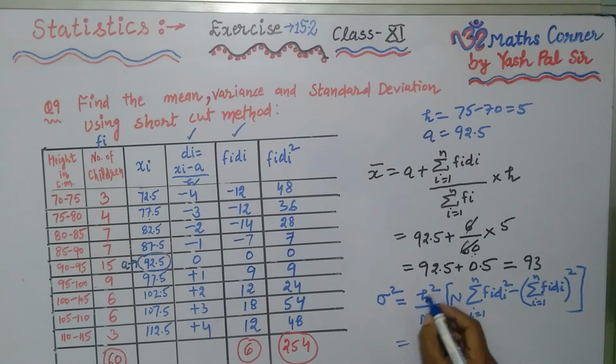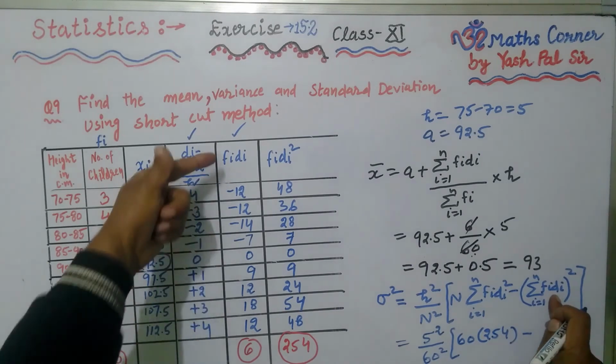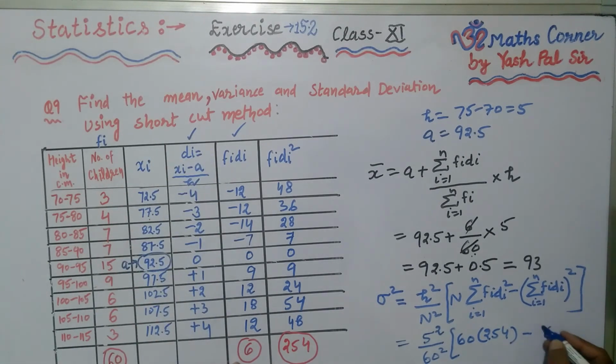Here h is 5, so 5 square, divided by n, that is 60, whole square, into n, 60, into summation fi di square, which is 254, minus summation fi di, which is 6, its whole square.